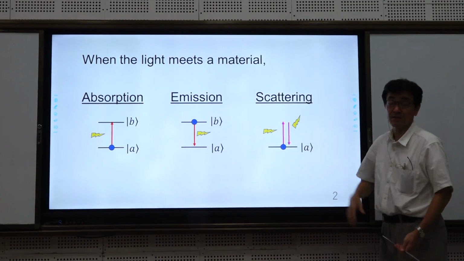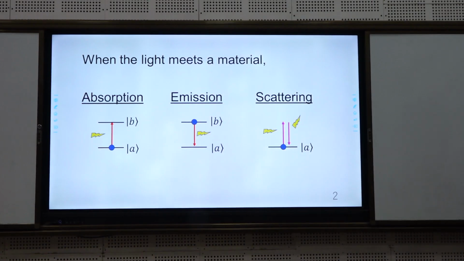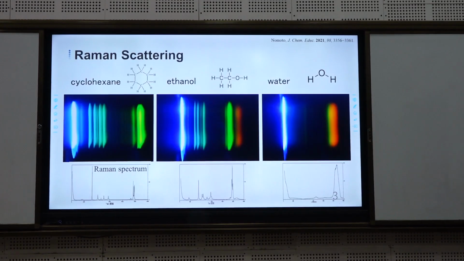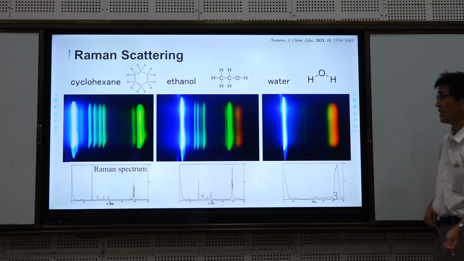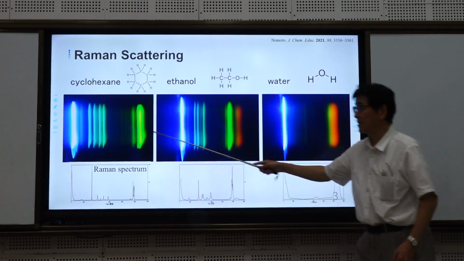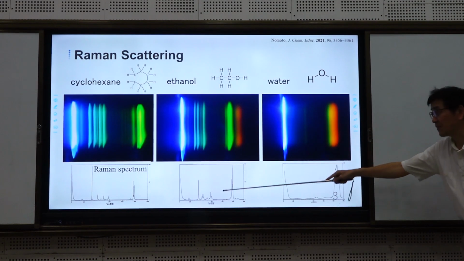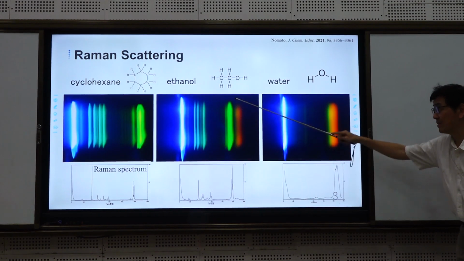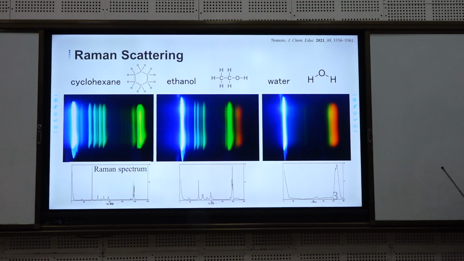We have learned how to utilize scattering for molecular structure analysis. You may remember this figure. The intensity pattern of the Raman scattering is intrinsic to each compound. So this is the so-called molecular fingerprint.